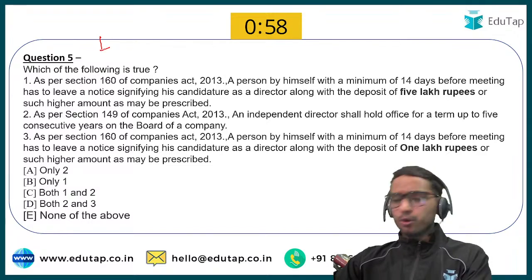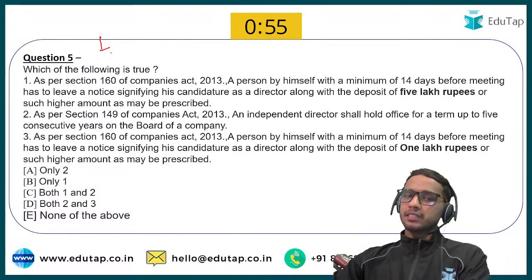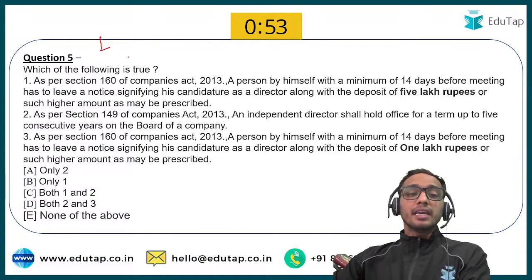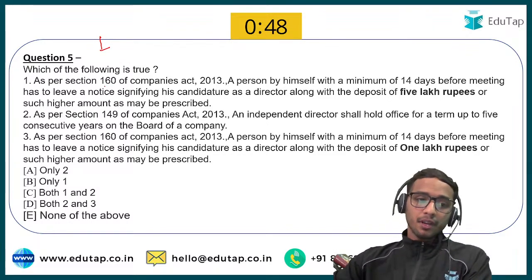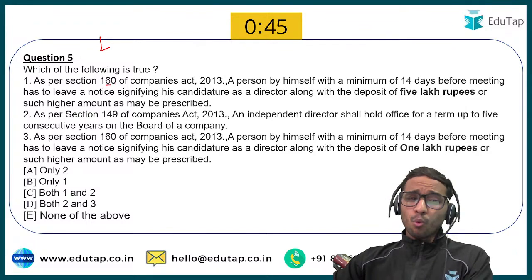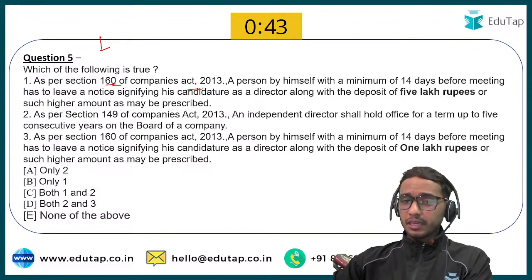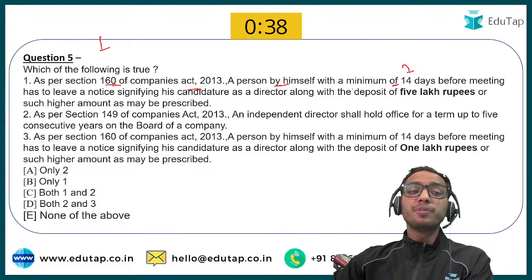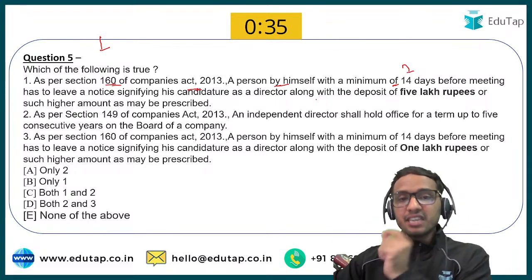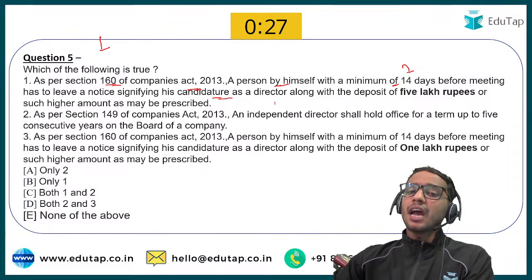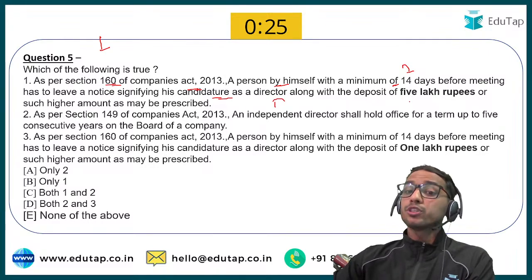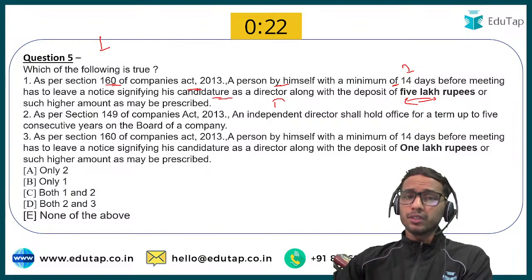Now let's come to question number 5. It says, which of the following is true? Look at the question very carefully, because you have 3 statements. As per section 160 of the Companies Act 2013, a person by himself, a minimum of 14 days before the meeting, has to leave a notice regarding the appointment as a director of himself, signifying his candidature as a director, along with a deposit of 5 lakh rupees or more that has been prescribed.